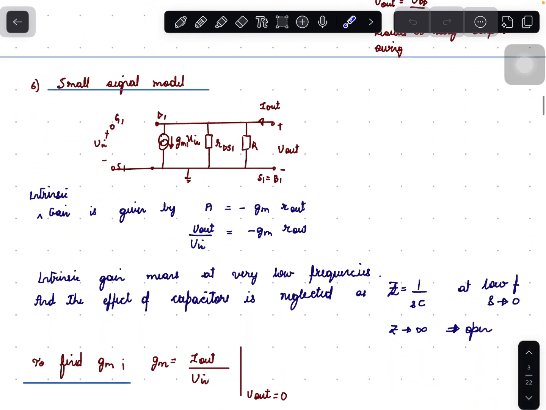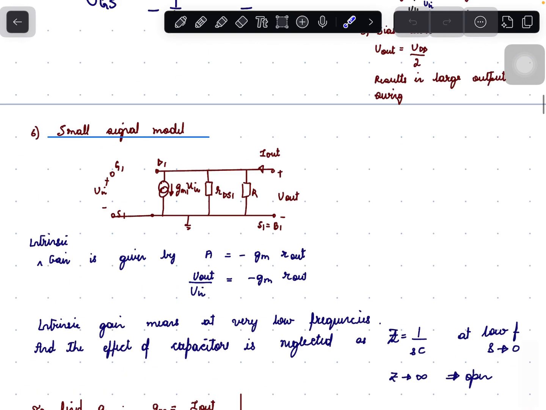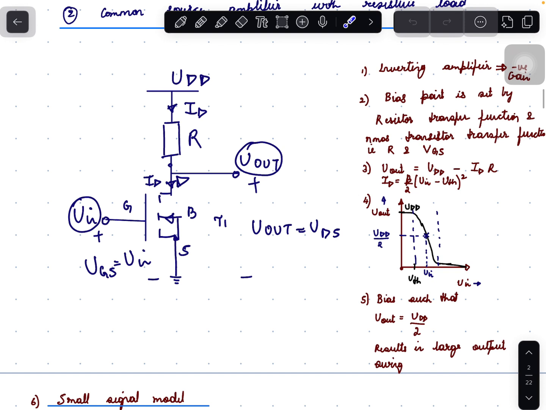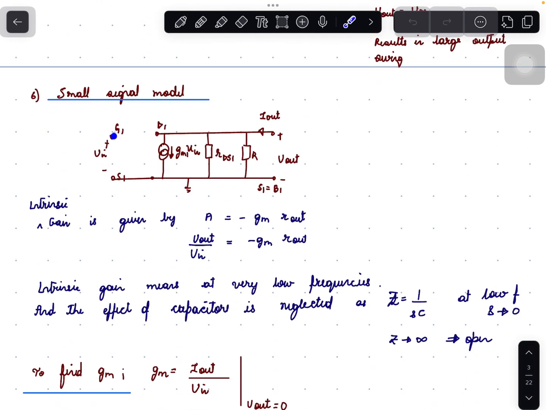Let us find the gain of the inverting amplifier by using the small signal model approach. Draw the small signal model of the common source amplifier with resistive load. So it consists of gate, which is connected to Vin, source connected to ground.